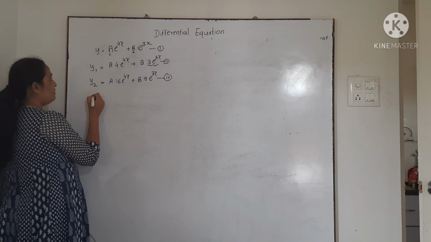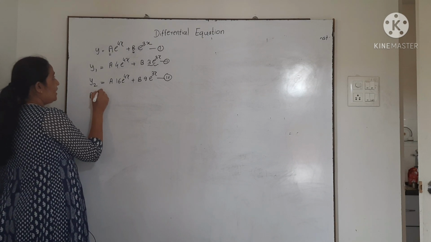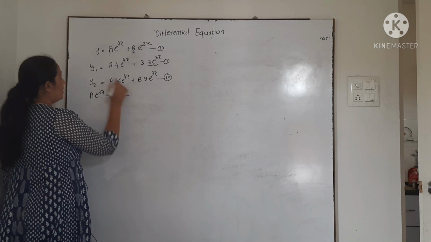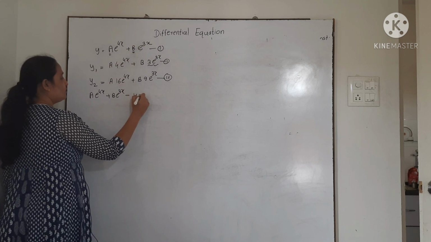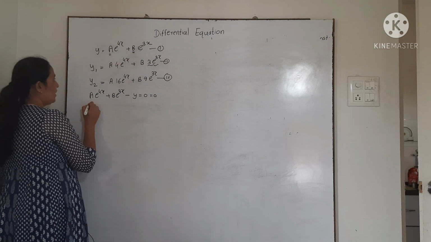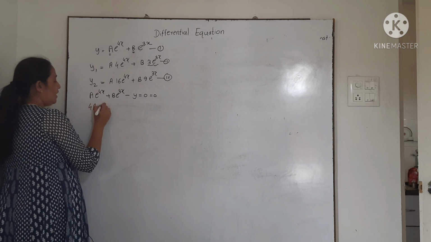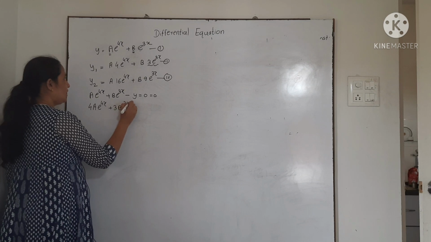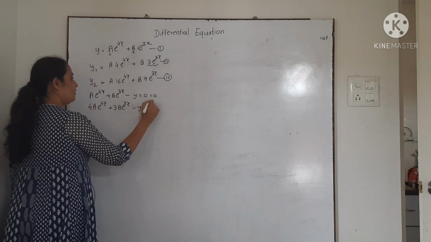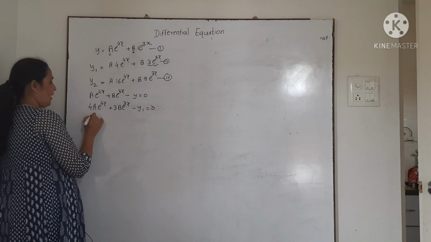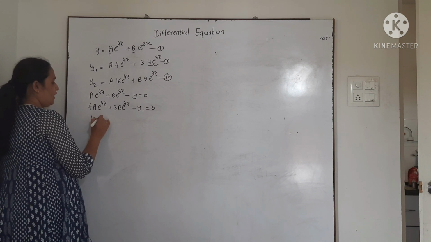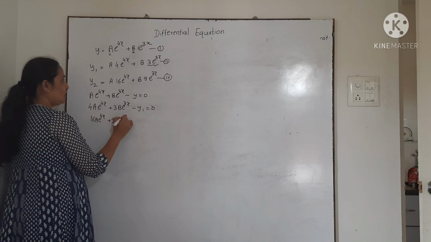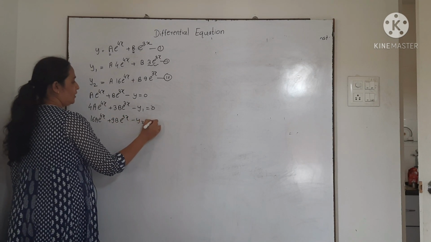I can write down the same equation as a e raised to 4x plus b e raised to 3x plus y. If we transfer to the left hand side, it is minus y equal to 0. Second equation will be 4a e raised to 4x plus 3b e raised to 3x minus y1 equal to 0. 16a e raised to 4x plus 9b e raised to 3x minus y2 equal to 0.